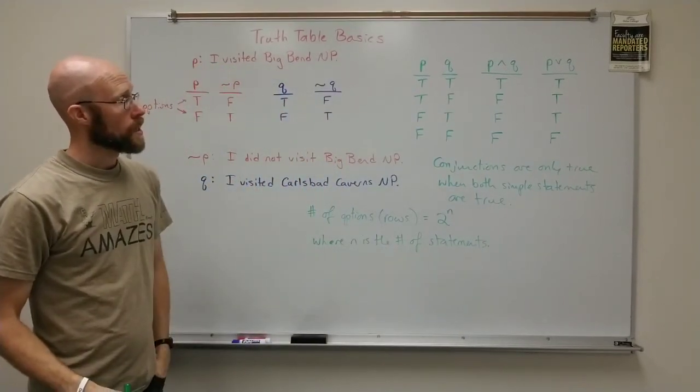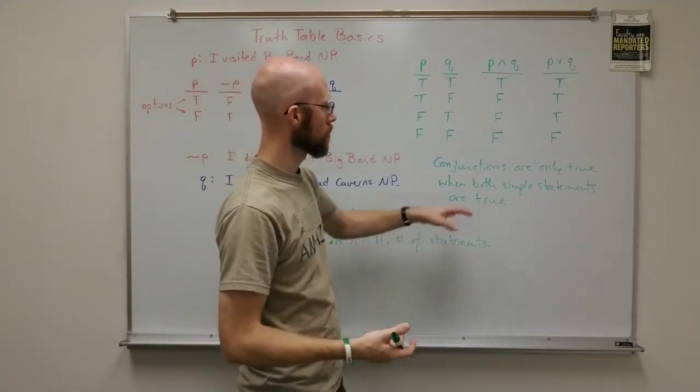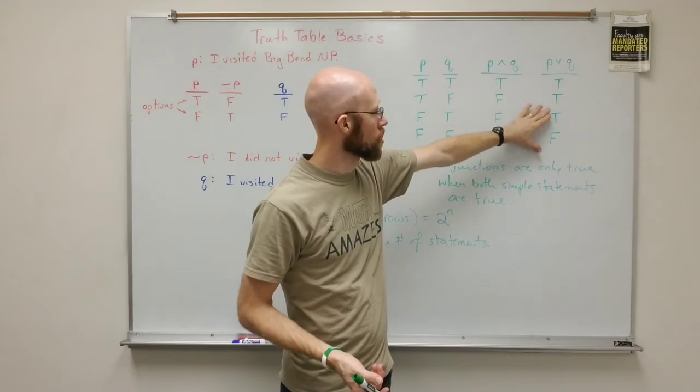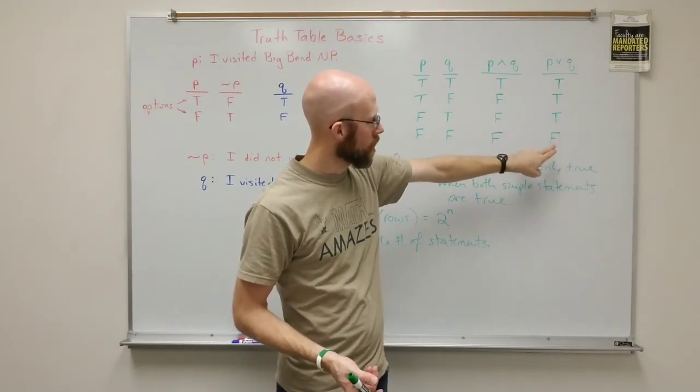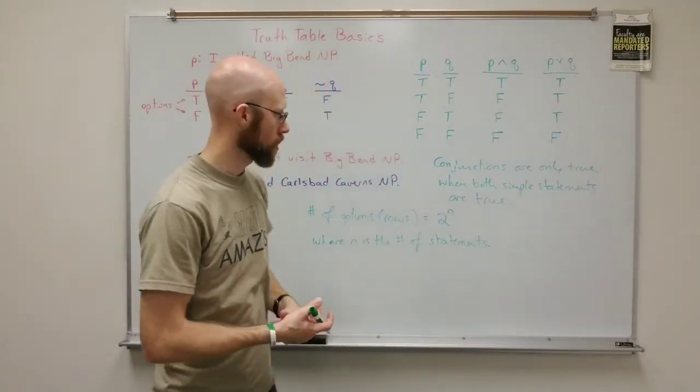Okay. And so now we have a truth table. This is a truth table for a disjunction. The disjunction is always true unless both of the simple statements are false. Okay.